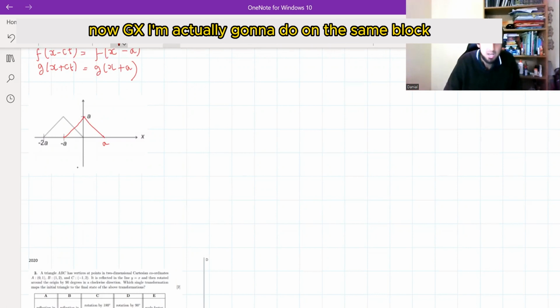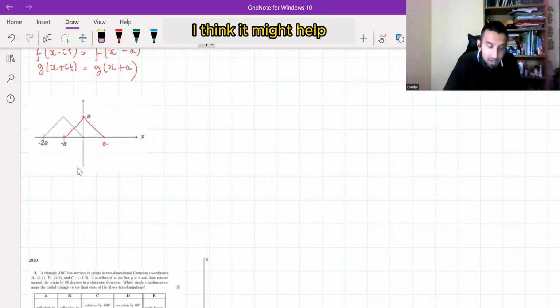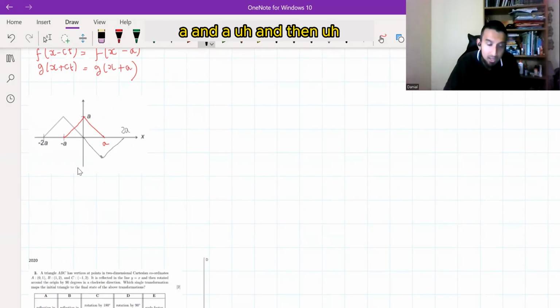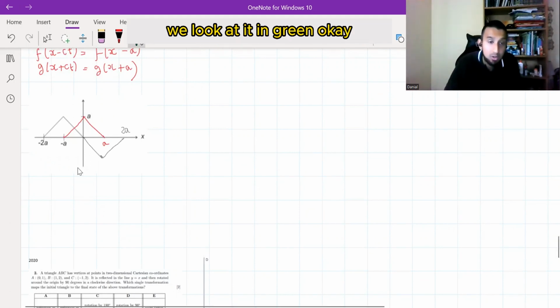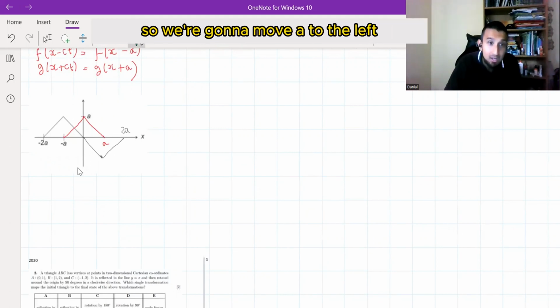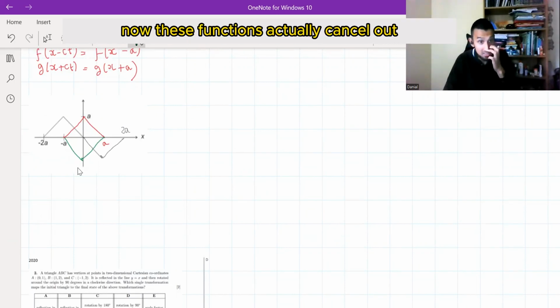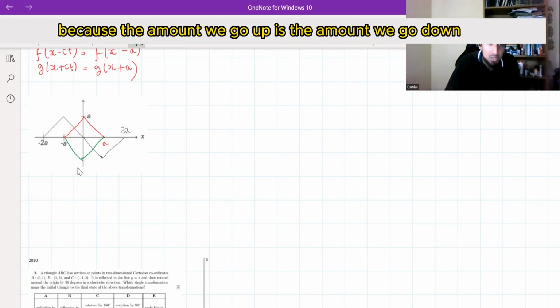Now, g(x), I'm actually going to do on the same graph. I think it might help. So g(x) was originally looking like that until 2a and a. And then we look at it in green, okay? So we're going to move a to the left from here. So it would simply be like that, you're moving a to the left. Now, these functions actually cancel out because the amount we go up is the amount we go down.